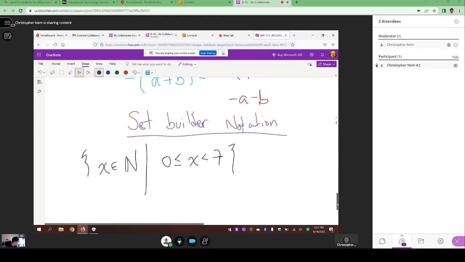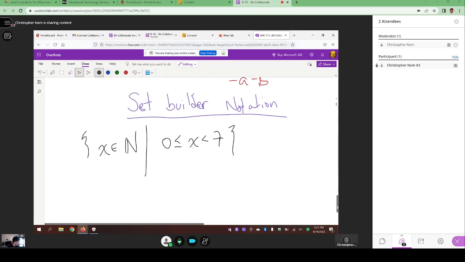Well, here's how we're going to read this. The first component right here, that's an x, so that's clear. However, the second component we might not be familiar with: that means belongs to. And from earlier in the categories, we know this means natural numbers.